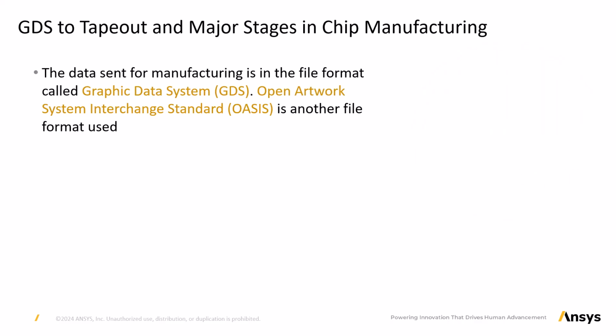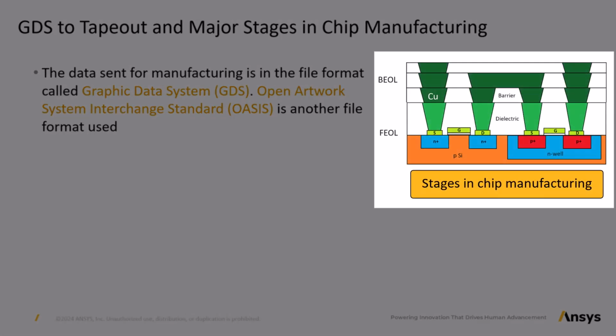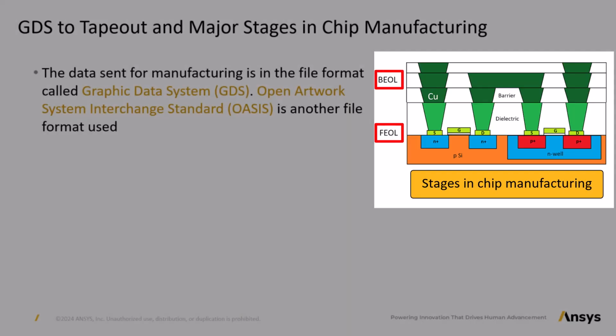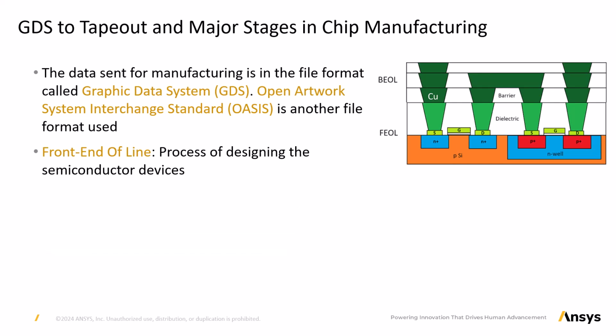It is also important to understand the two major stages in chip manufacturing process, that is front end of line and back end of line. FEOL is the stage where the actual semiconductor devices like MOSFETs, FinFETs, diodes, etc. are constructed.